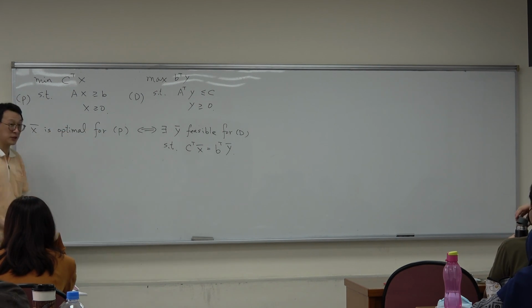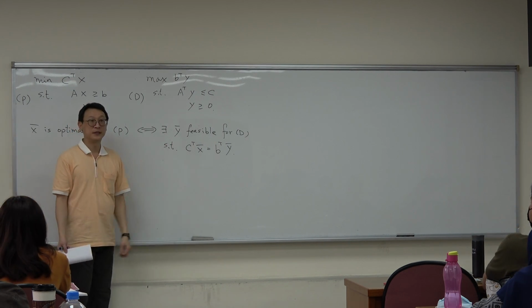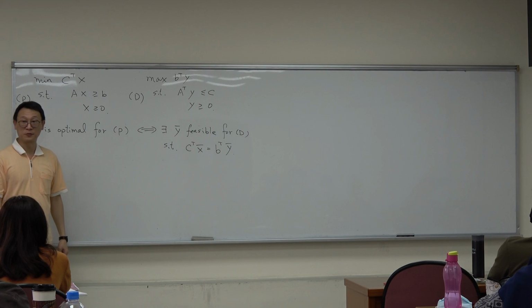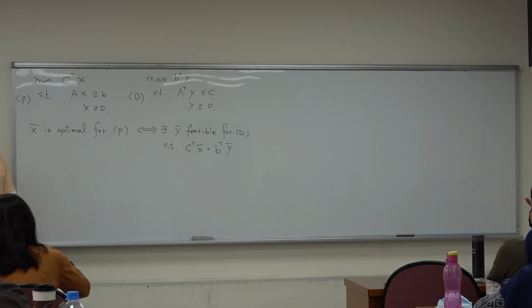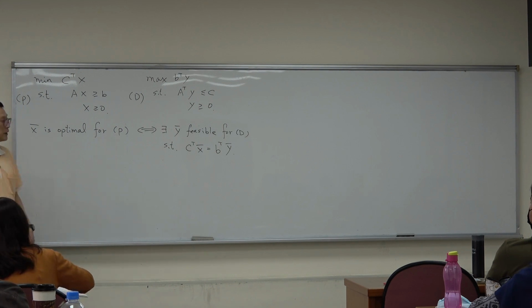During this process, we want to prove that this y bar is an optimal solution. You already know that, but during the following discussion, we will check. And in the following discussion, we will have some discussion.